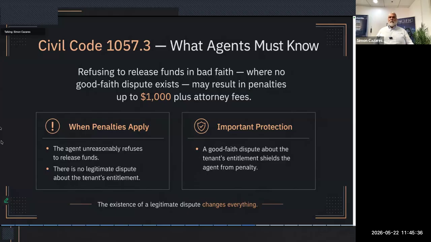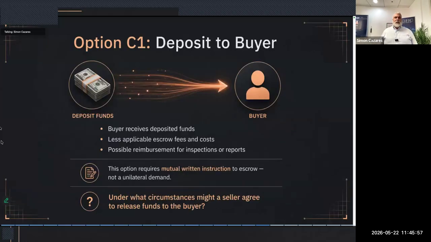An important protection: a good faith dispute about the tenant's entitlement shields agents from penalties. Again, this is more of a situation where there might be a tenant in place and a dispute over the cancellation of something like cash for keys.